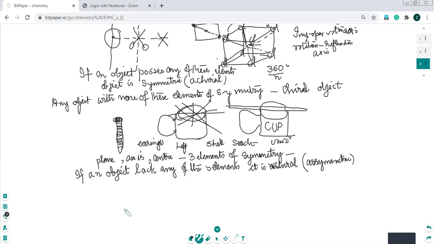Now, what is the peculiarity of chiral objects? Chiral objects, look here, this is very important. The peculiarity is the mirror image is non-superimposable.